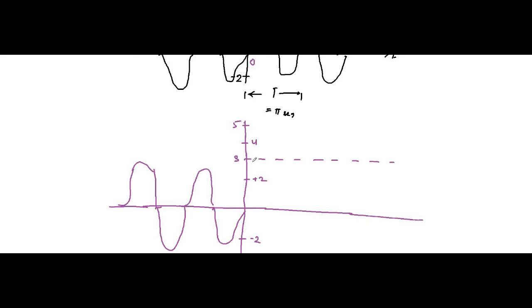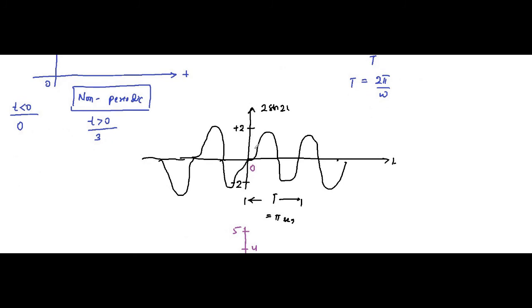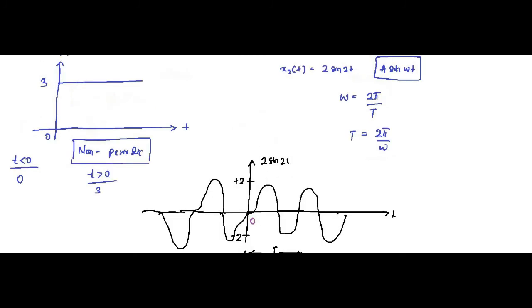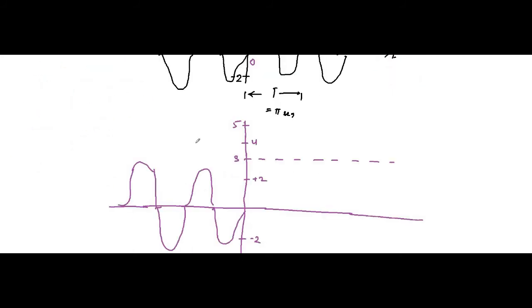It will fluctuate in between. The minimum value which was here minus 2, when 3 gets added, becomes 1. So it will be fluctuating between 1 and 5.